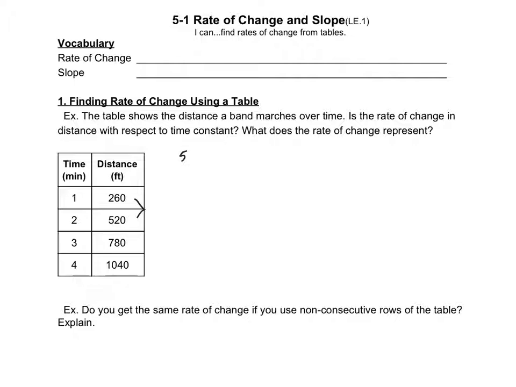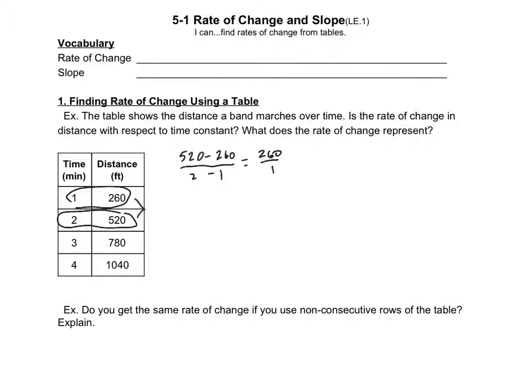So if I take one distance, so if I take 520 and I subtract the previous distance of 260, that is the amount of their run, and then the rise was 2 minus 1, so that becomes 260 divided by 1.